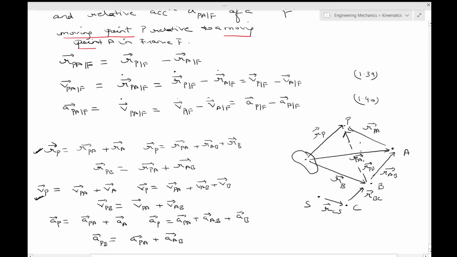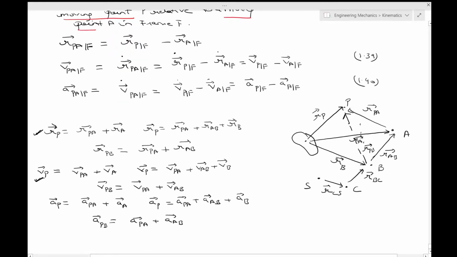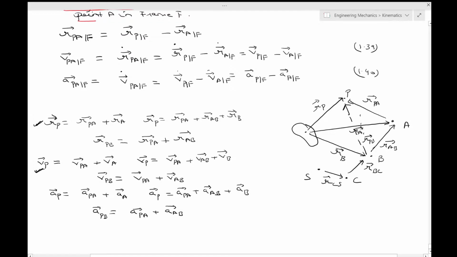So this is important, perhaps in a machine where there are many parts moving with respect to each other and you have to define the relative velocity or the acceleration of one part with respect to the other. At that point such a chain rule will be necessary, and you can keep on extending this.